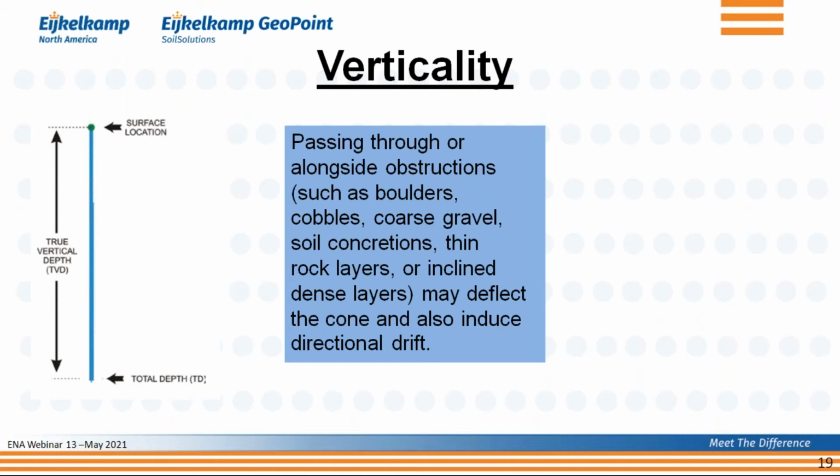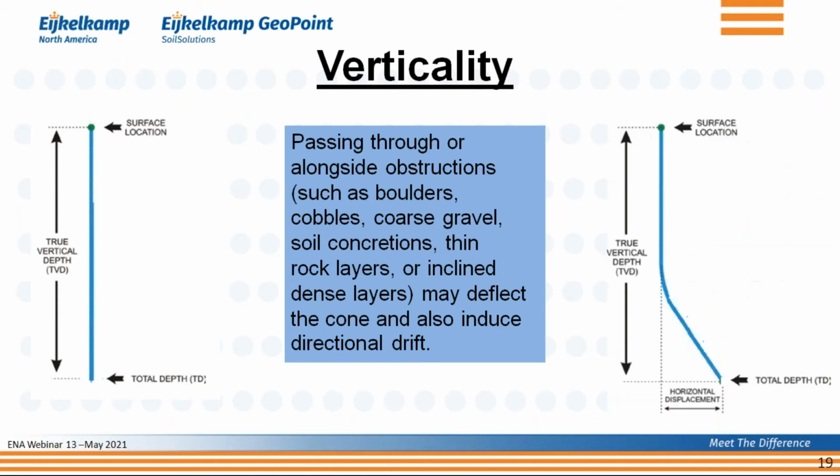And that may deflect the cone and induce drift. But you get something like this. You level your rig perfectly. You start pushing your cone, it went vertically down, no problems, and then suddenly something happens and the cone direction starts to deflect, and you are no longer going vertically down. And that could pose a problem.